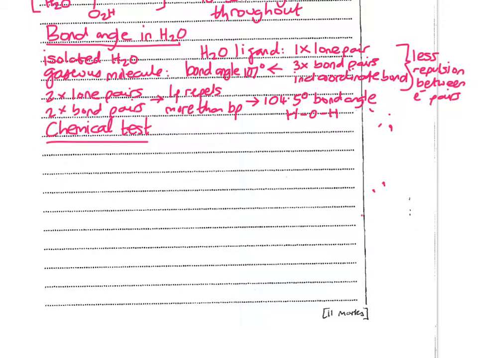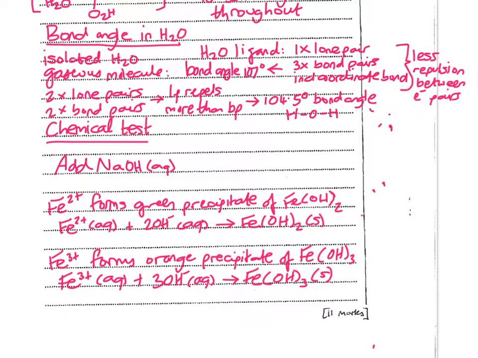So basically we're looking for a chemical test that can distinguish between Fe2+ and Fe3+. One chemical test might be the addition of sodium hydroxide solution and seeing what colour precipitate you get.